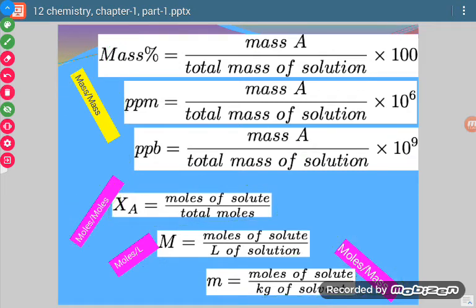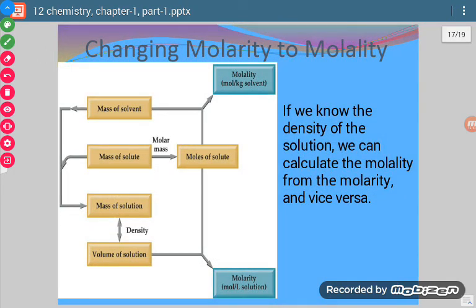Now what happens whenever we determine molarity? Suppose molarity is 1, then we write it like this, 1 capital M, and we will read it as 1 molar. Similarly, if molality we have calculated and it is 1, then we will write like this, 1 small m, it is 1 molal. Okay, now if suppose in the data density is given, then molality as well as molarity both can be calculated. Now see, we will be given mass of solvent.